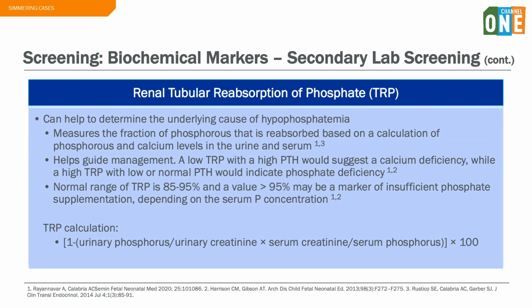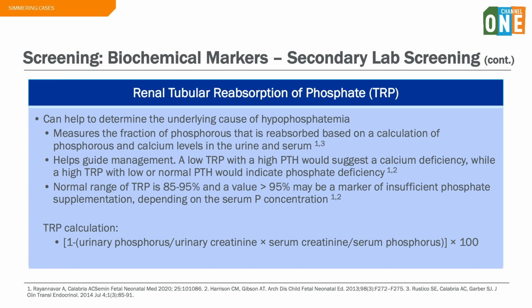Renal tubular reabsorption of phosphate, or TRP, is another value which may help guide management of metabolic bone disease. TRP is calculated using the equation at the bottom of the slide. TRP measures the fraction of phosphorus that is reabsorbed by the kidney.